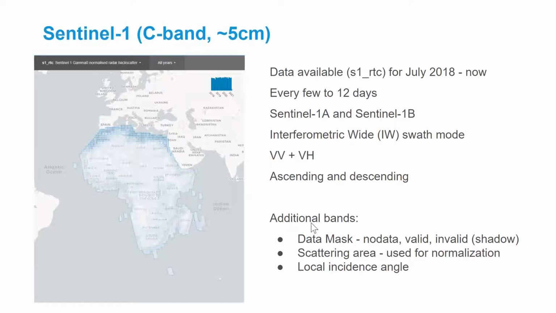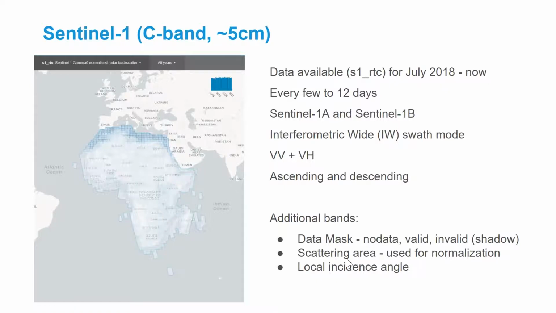And the other thing that's worth mentioning is in addition to the backscatter in VV and VH, we also provide additional bands. So that includes a data mask. This is really just whether a pixel is valid or invalid, and this is mostly due to radar shadow. We also have the scattering area that's actually used for the normalization.